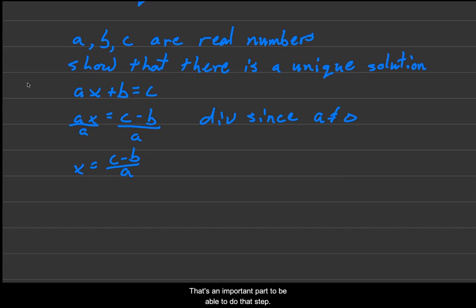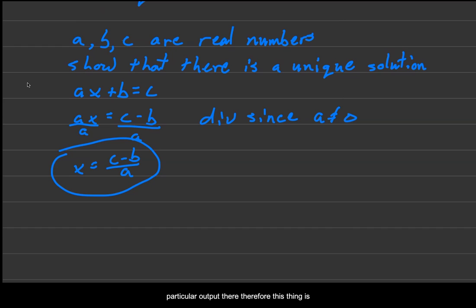That's an important part to be able to do that step. And since we end up with this, we have x is equal to c minus b over a, and that is an equation where we have one particular output there. Therefore, this thing is unique, we are finished.